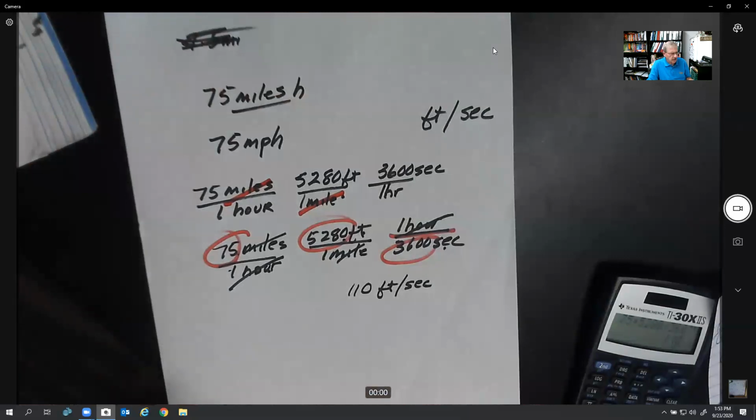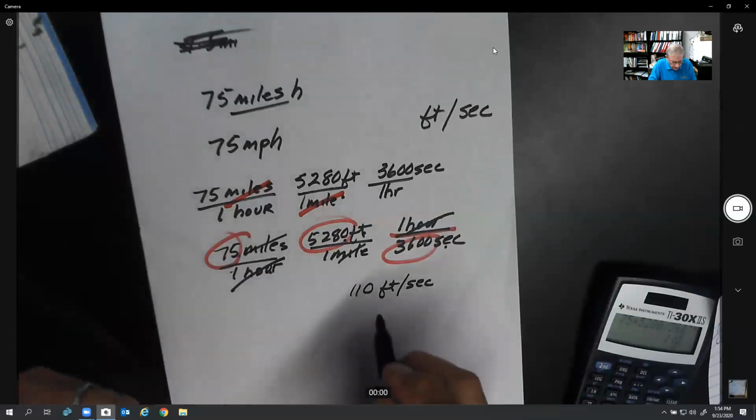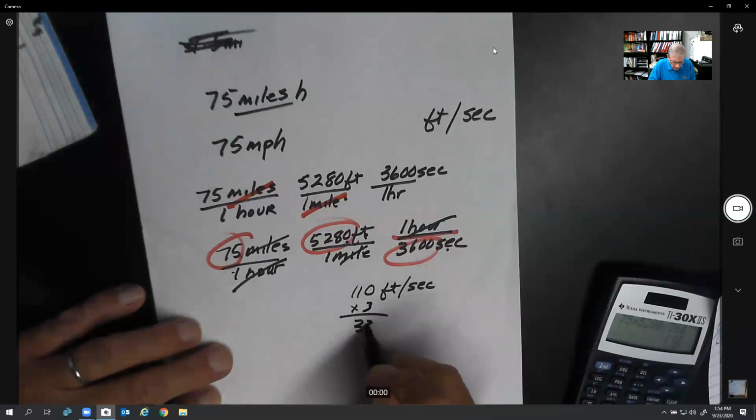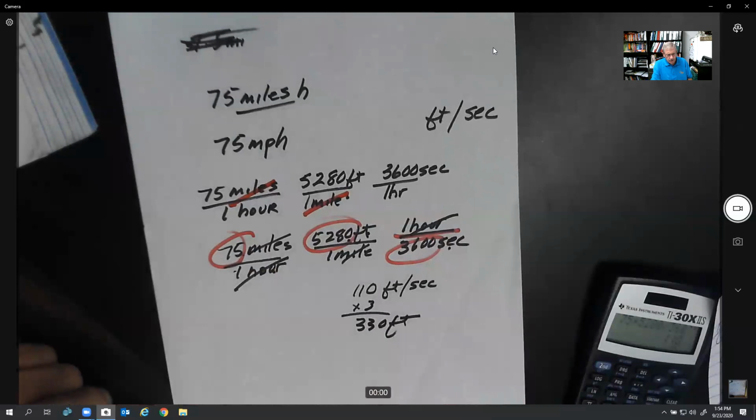It usually takes you three seconds to stop a vehicle from the initial sighting of the person to getting it down. So by the time you see this person and you jam on your brakes because you don't want to hit them, you're going to travel 330 feet. How much is 330 feet?